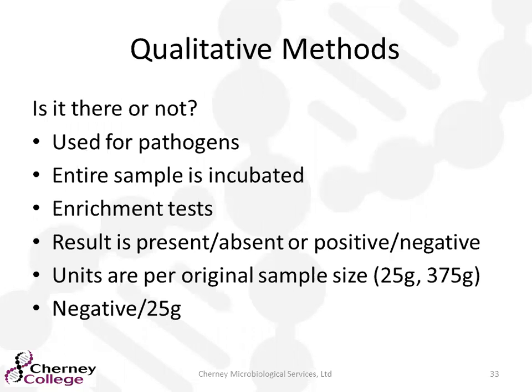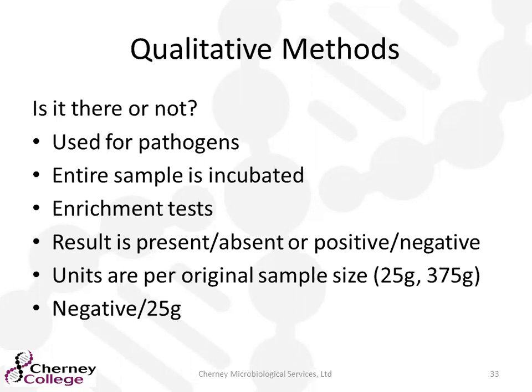Again, this is qualitative, we talked about that seek and destroy. Is it there? Is it not there? So we're going to take your sample, give it all the nutrients, the right temperature and growth environment to really try and get to a detectable limit with even the lowest number of bacteria that were in the original sample, by enriching them and incubating them. Now, we're going to look at a video here in a second where it says results within a day.